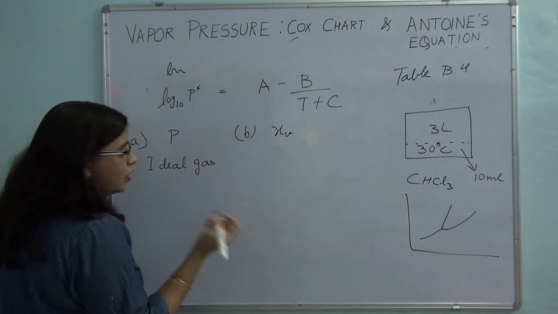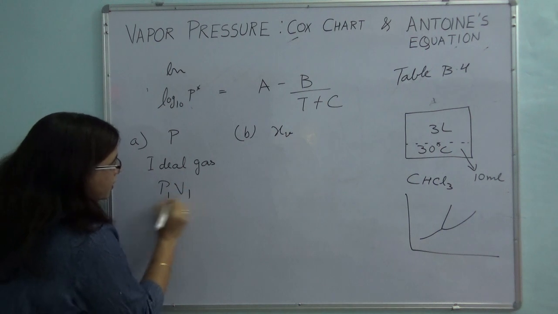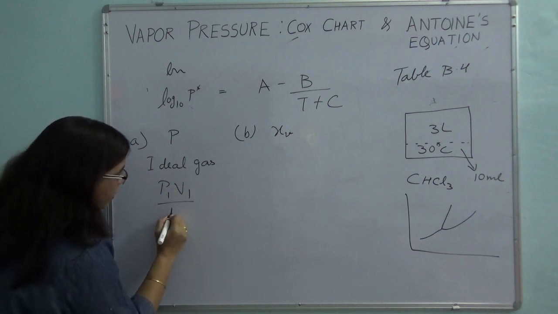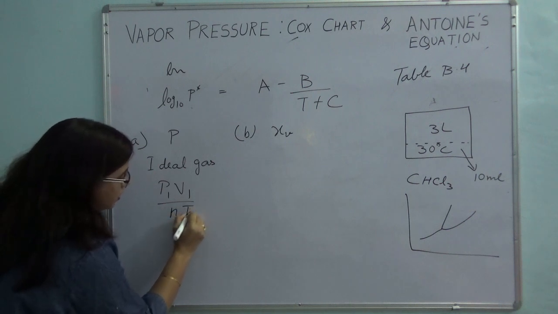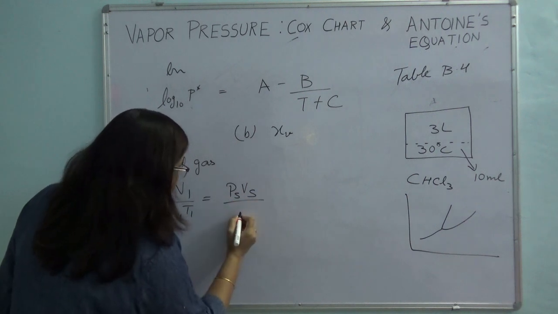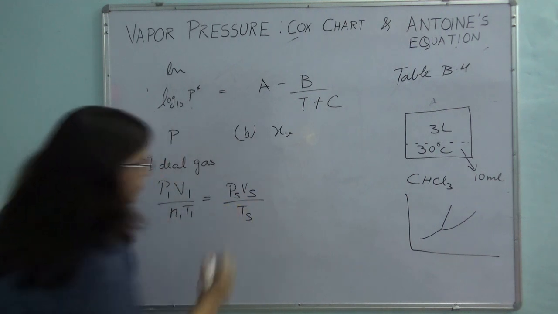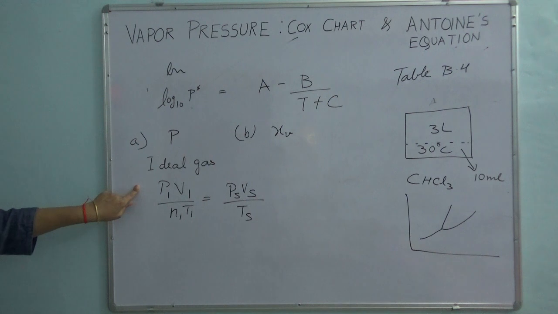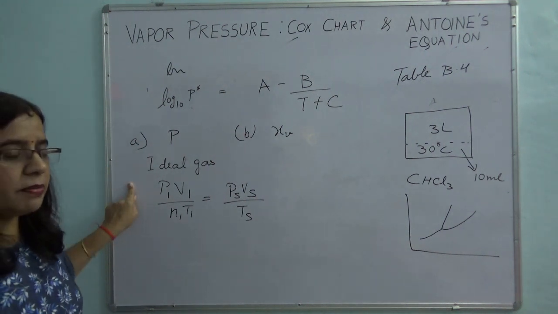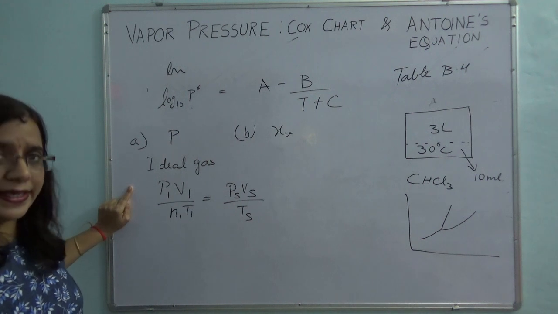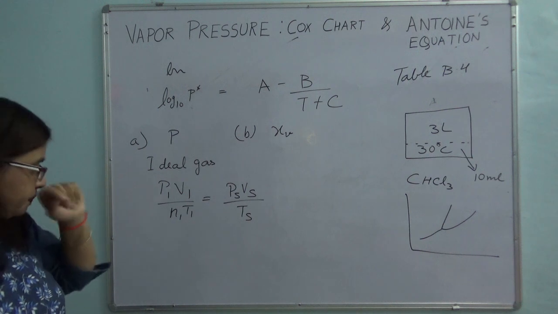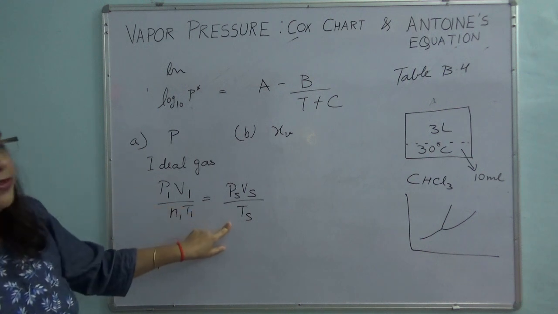So ideal gas law, I am going to write P1 V1 upon N1 T1, that is equal to Ps Vs upon Ts for 1 mole. So this is the form which I am going to use, because I don't know the value of R. We had seen this in my video on ideal gas, how and when to use it. You can go and check that video.